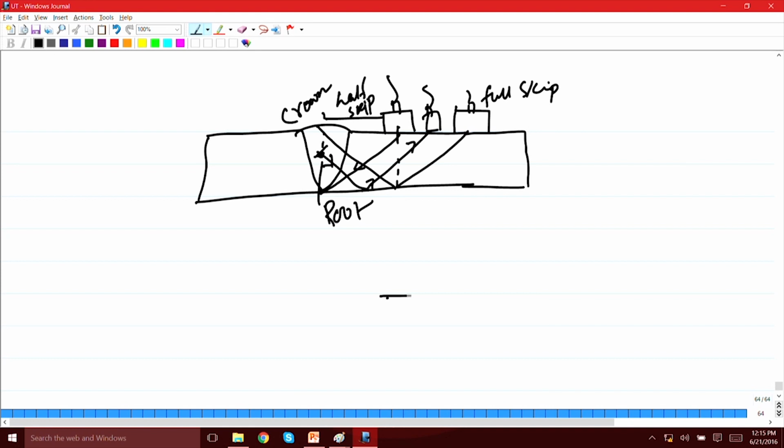So, when you do the inspection, this is how you need to move the probe. So, let us say this is the weld that you have over here.